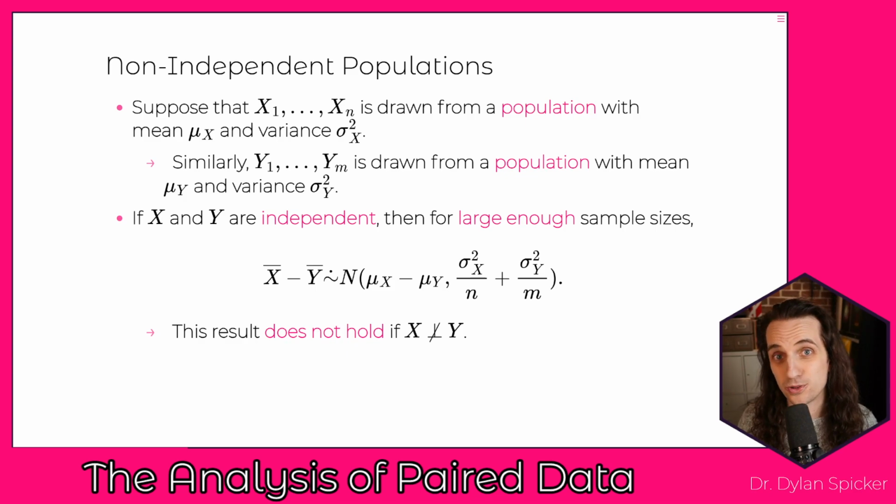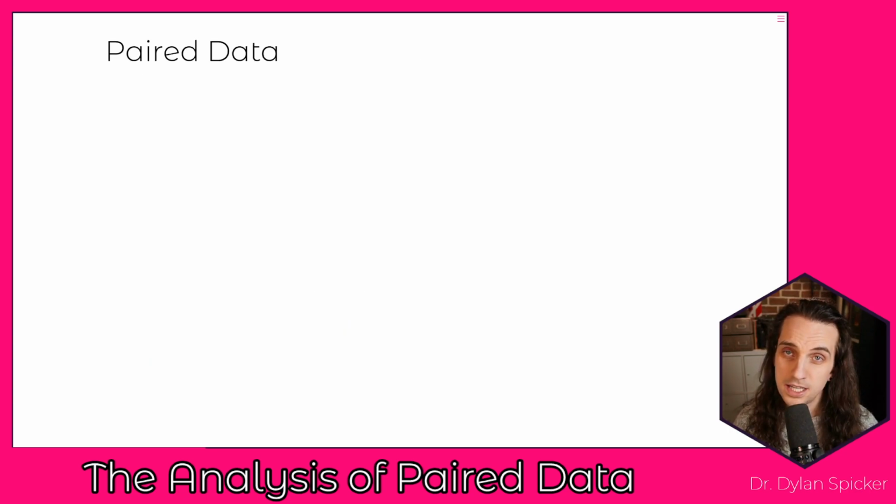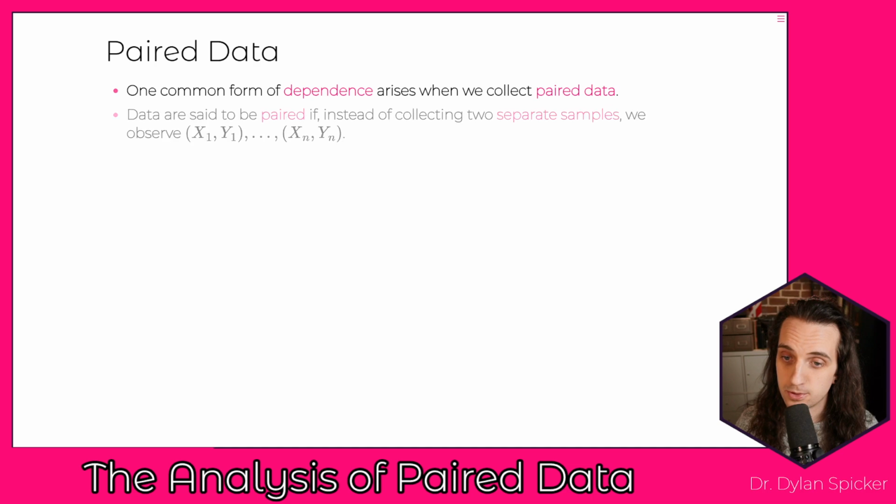The way that it doesn't hold is going to depend on exactly what type of dependence we're thinking about here. There's not going to be one single result that we're typically relying on. Instead, we're going to think about what type of dependence there is in these data. The most common type to think about is paired data, data that are paired together, naturally occurring in the world.